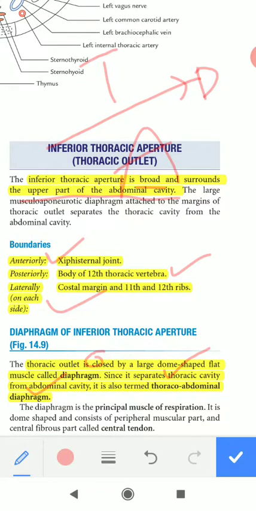Okay, so it separates the thorax from the abdominal cavity. Its other name is the thoraco-abdominal diaphragm. And the diaphragm is the principal muscle of respiration. That means when we take inspiration, take air into our lungs, this diaphragm helps a lot.